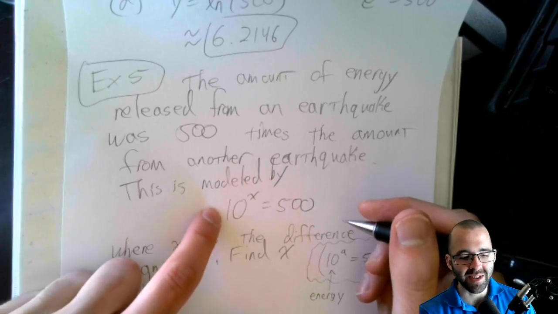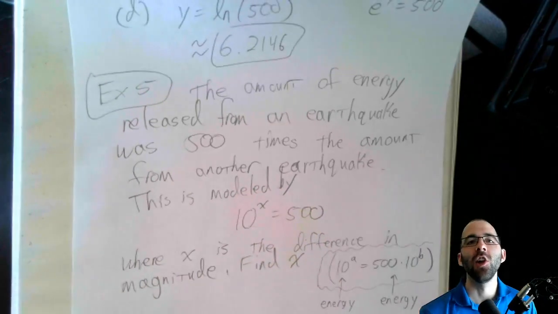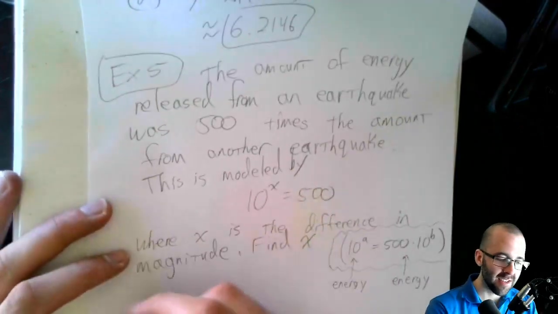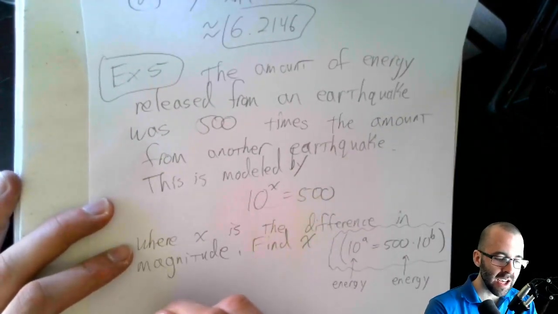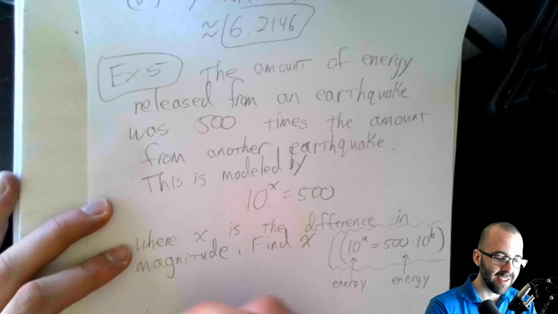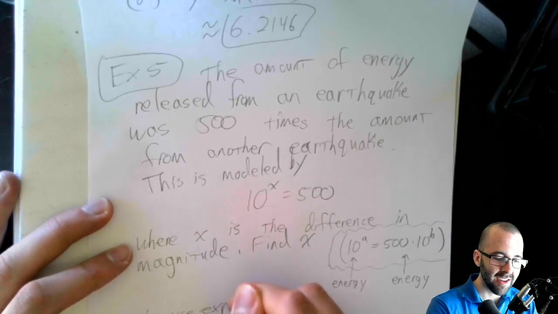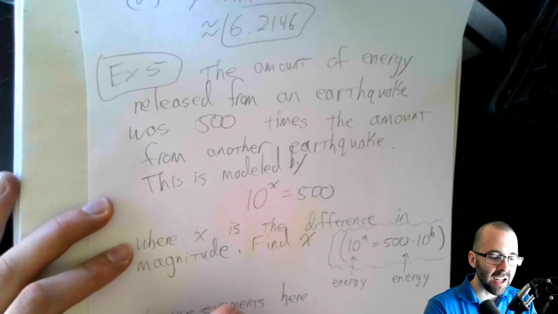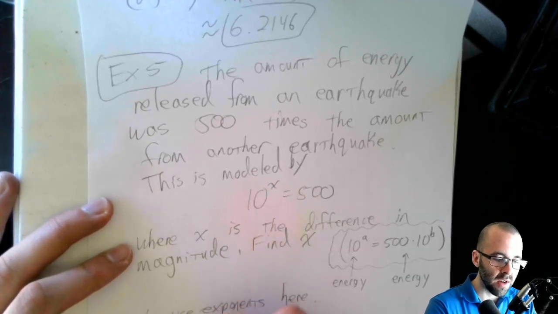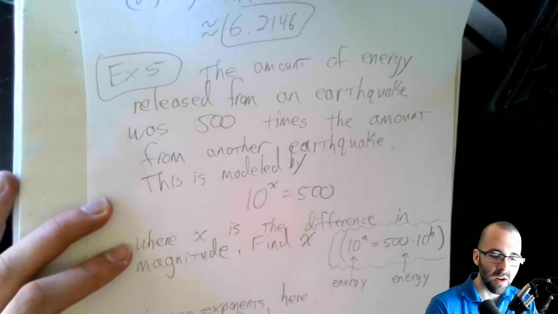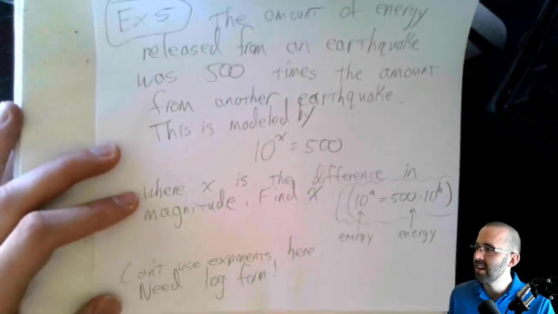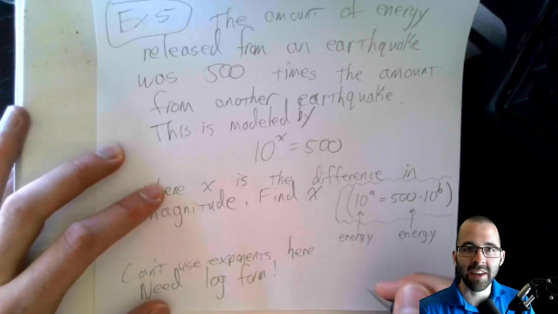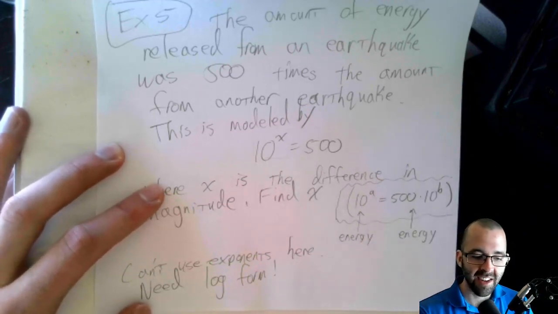Exponents aren't going to help us here. We need logarithms. So we need to write this in log form. Can't use exponents here. Okay, how do we write this in logarithmic form? Go back to the beginning of the section.